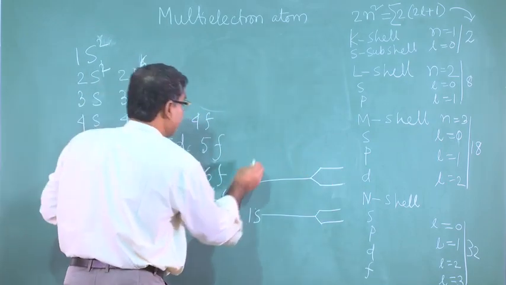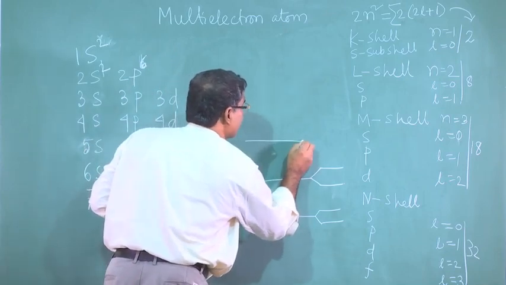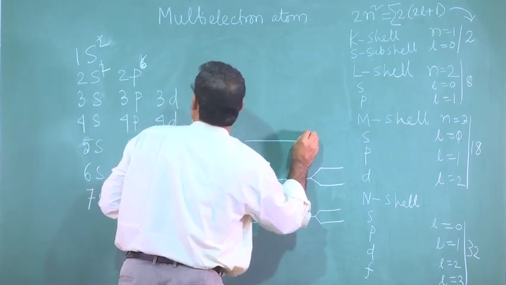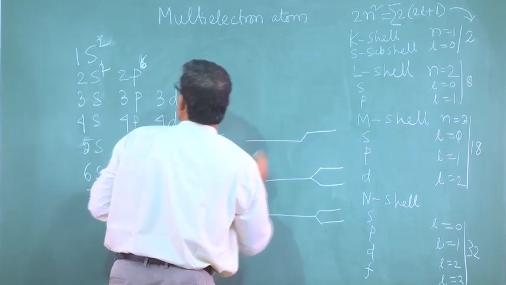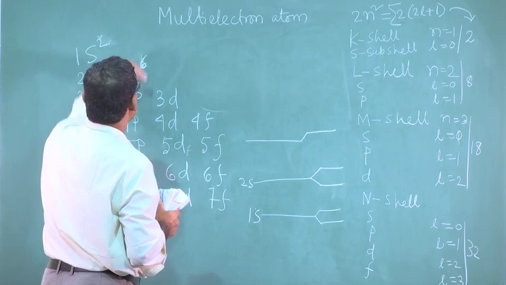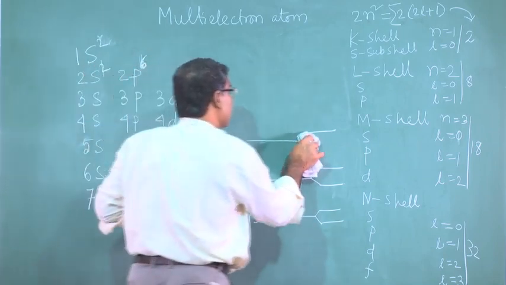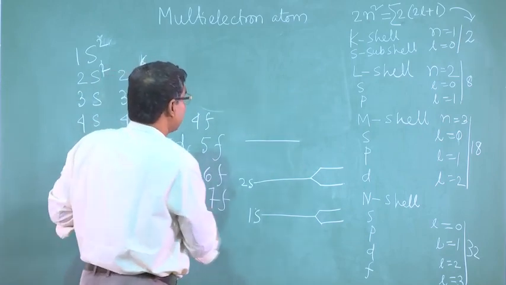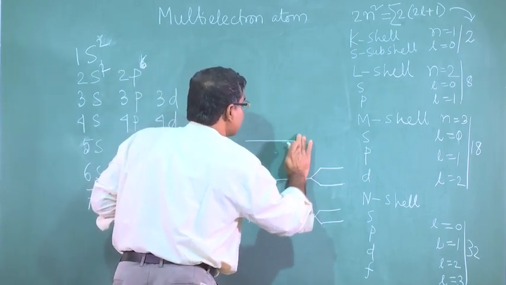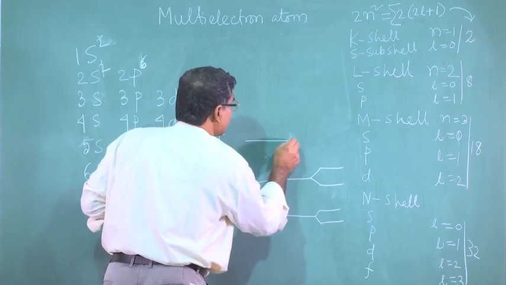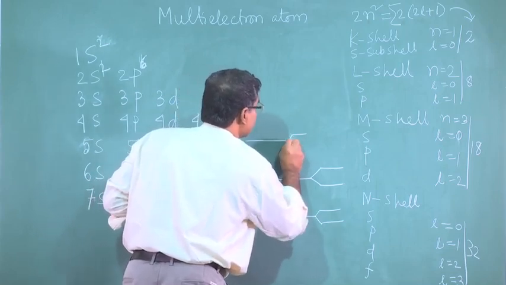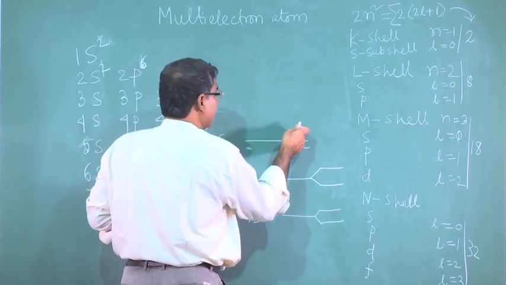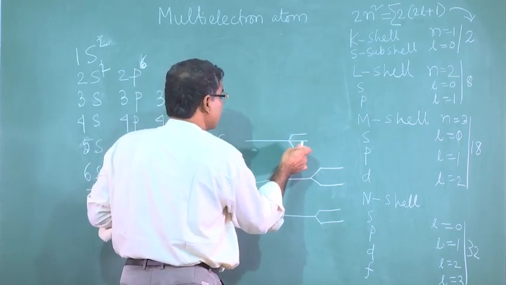Then I will have the energy level 2p. Now 2p has 3 ml values: ml plus 1, 0, minus 1.